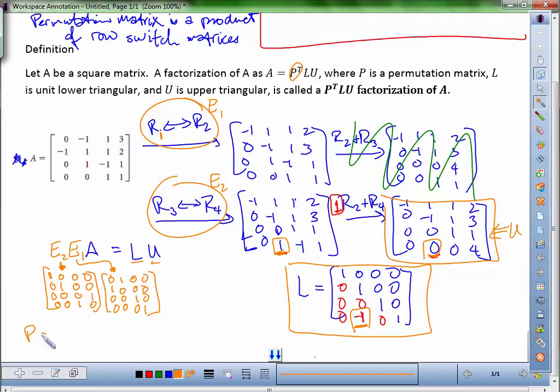So P is equal to E2 times E1, which is equal to, now we got to do this multiplication, 0, 1, 0, 0, 1, 0, 0, 0, 0, 0, 0, 1, 0, 0, 1, 0.